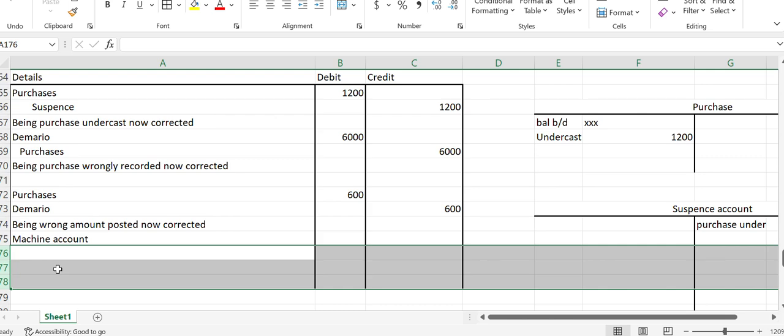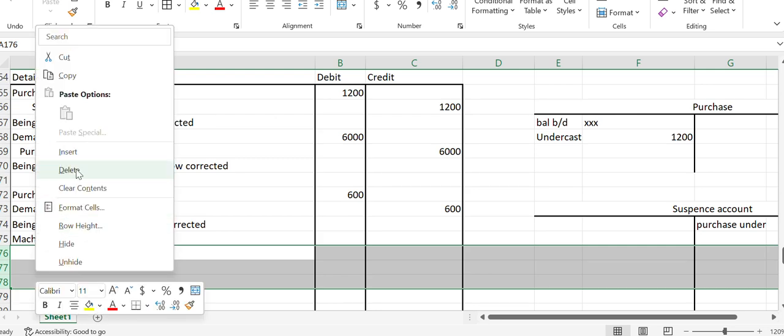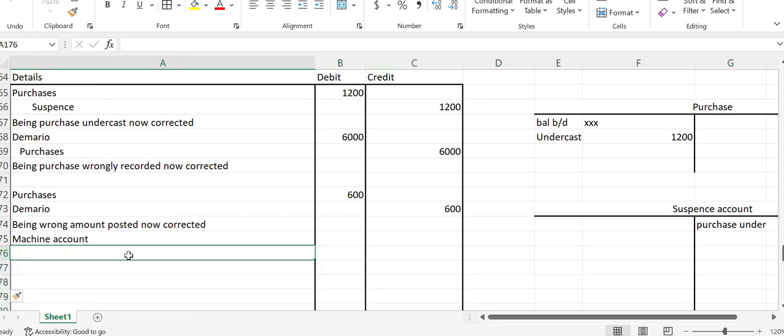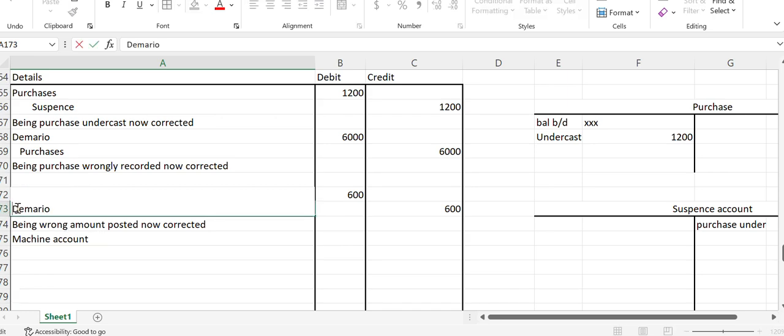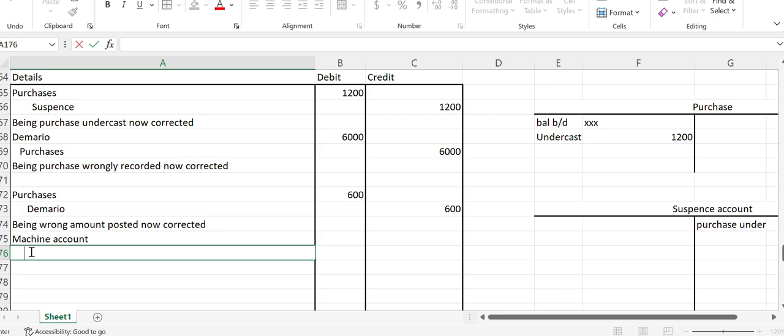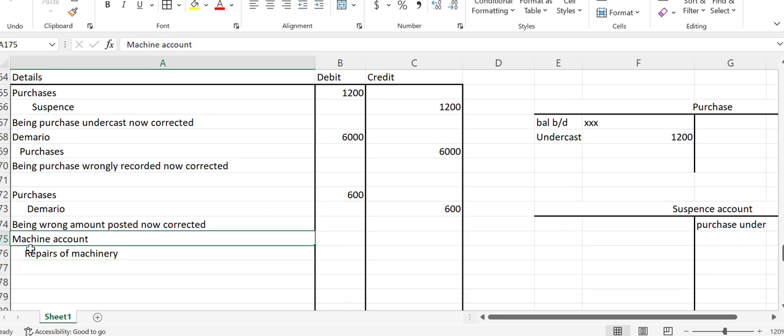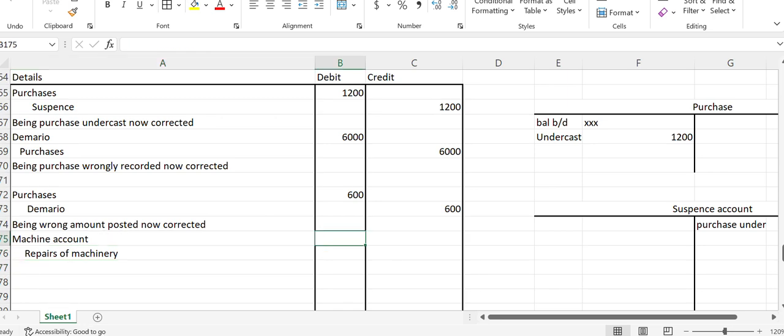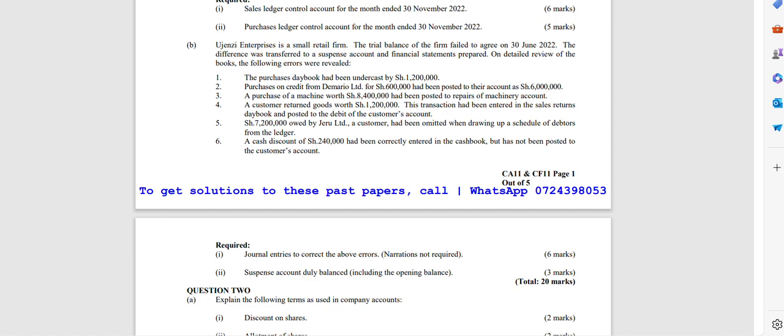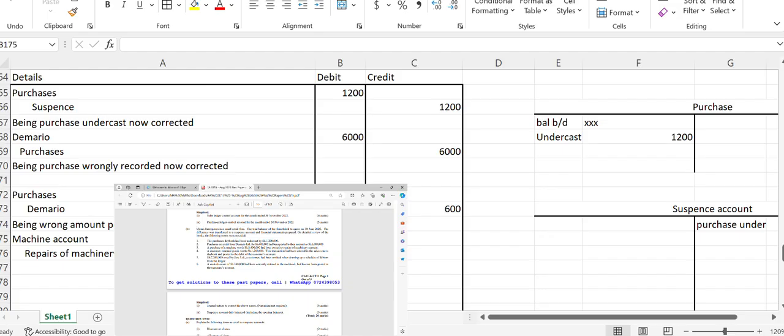Allow me to add some rows here. So you have machine account there, and then to eliminate the errors in the wrong account, that is the repair of machinery account, we have credited. So we come back here. The amount was how much? 8,400.